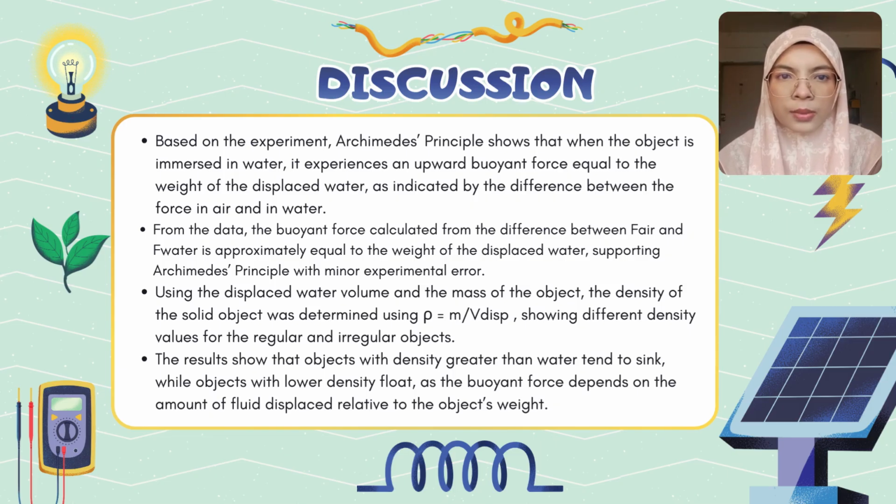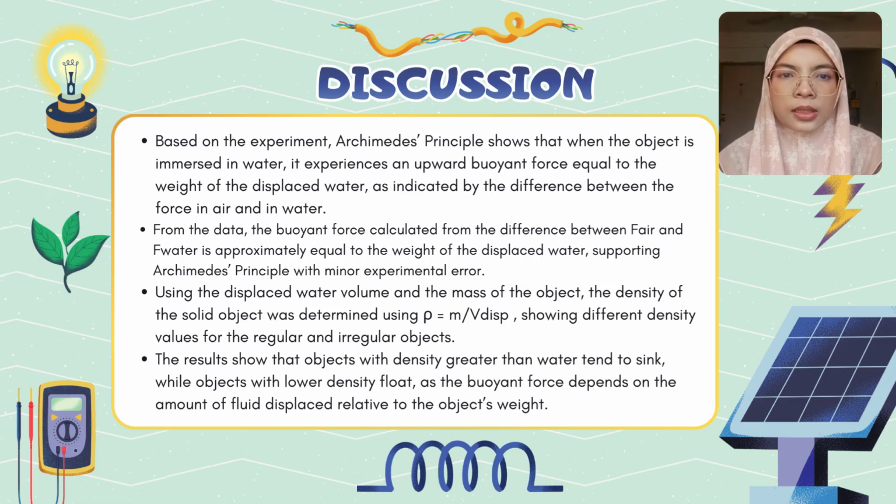Supporting Archimedes' principle, with some experimental error. Third, using the displaced water volume and the mass of the object, the density of the solid object was determined using rho equals m over V, showing different densities and volumes for the regular and irregular objects.